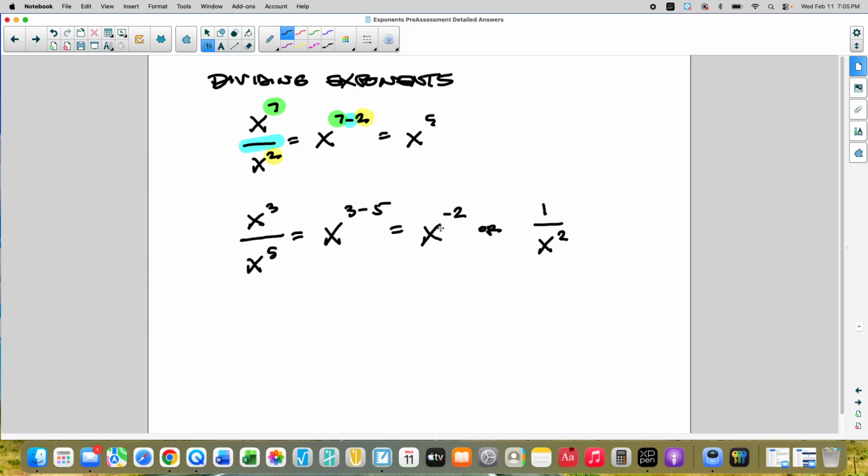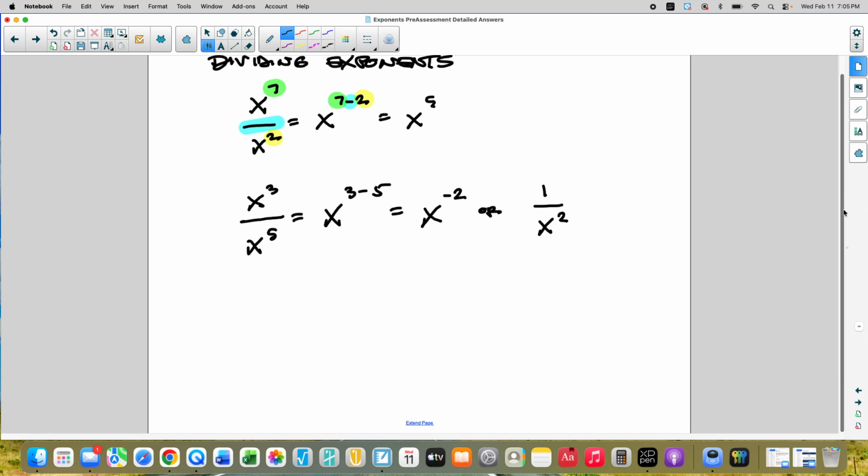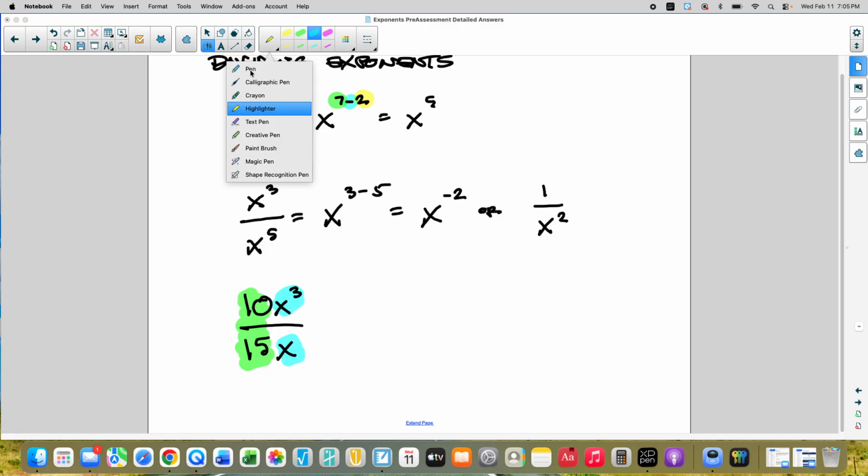So very important. And then when we put coefficients in there, if we have 10x to the 3rd over 15x, we're going to deal with the coefficients differently than how we deal with the bases and their exponents. This is just like if we saw 10 divided by 15, or 10 over 15.